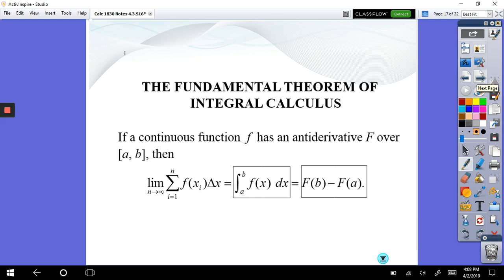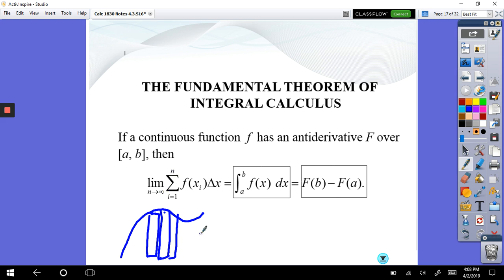All right, now the fundamental theorem of integral calculus. Well, it just says that if you did what we did yesterday with the Riemann sums, and you found these rectangles of different sizes under the curve, and then you made the number of rectangles get larger as n approaches infinity.